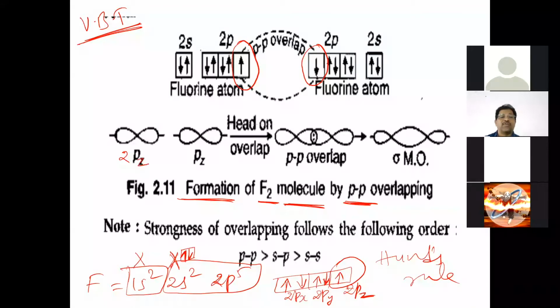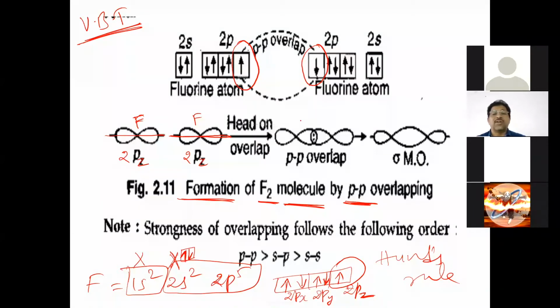The 2pz orbital of one fluorine and the 2pz orbital of another fluorine overlap with each other to form pp overlapping. This p orbital and this p orbital are both on the same axis. On the same axis indicates axial overlapping, and axial overlapping will always form a sigma bond.